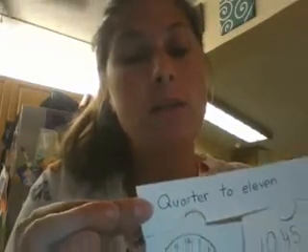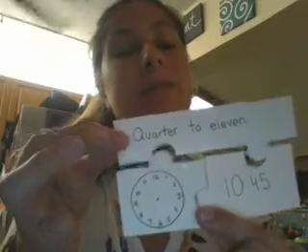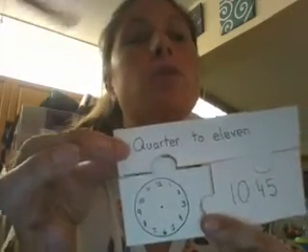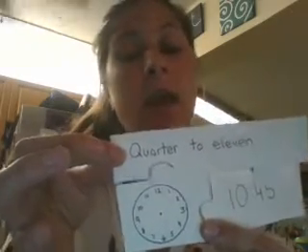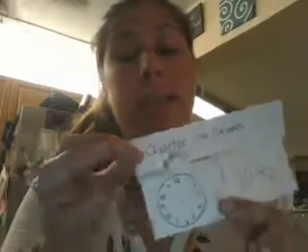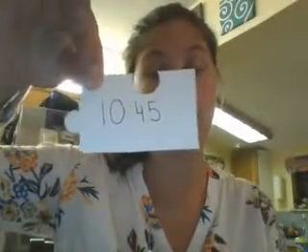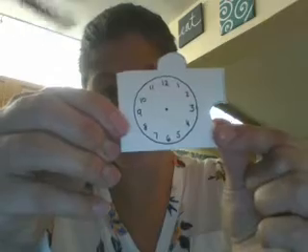So this is 11:45. This might be new for some of the students. Like I said, this is definitely advanced, but 11:45 also means 10:45. So if we were to write it on this, 10:45, what do you think it would look like on our analog clock?